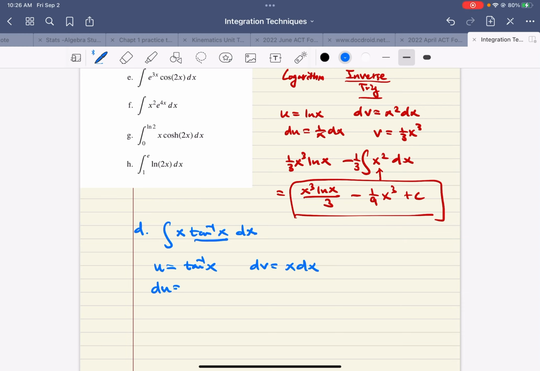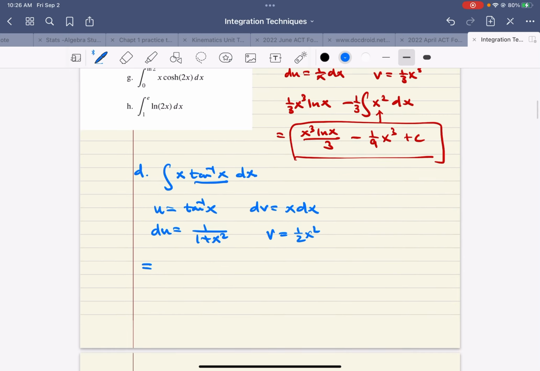So du. The derivative of inverse tangent x is 1 over 1 plus x squared. Okay, and then when you take the integral of dv, v equals 1/2 x squared. So uv is 1/2 x squared inverse tangent x minus the integral of v du.